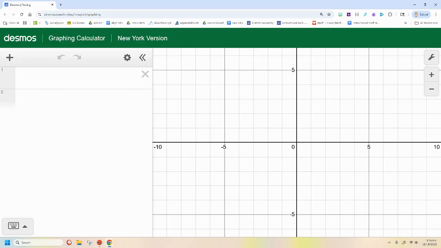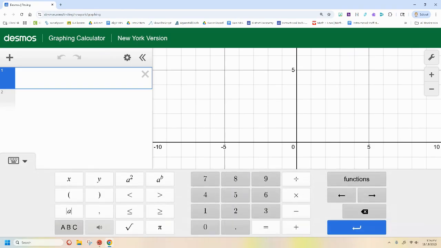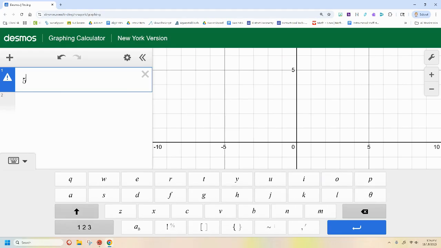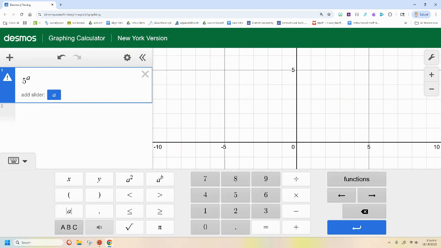If you type in 5, then go to your keyboard and do the exponent, and put a and then plus, do you see how I just went back down to normal level and I'm not an exponent anymore?